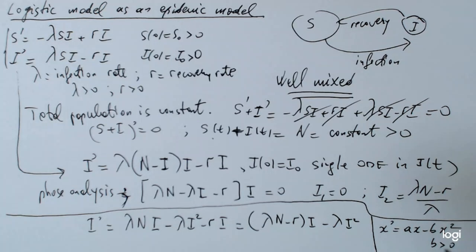Because if that's the case, then you know from the logistic equation that if a is less than 0, x approaches 0. If a is greater than 0, x approaches the positive equilibrium, which is a over b.